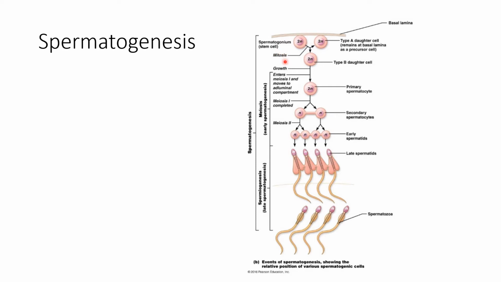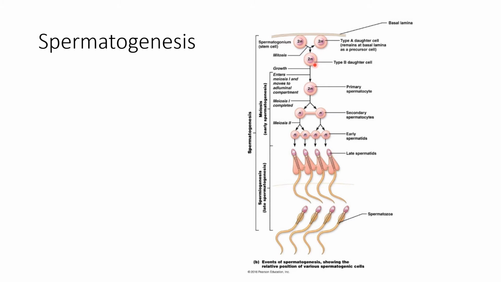As we said, mitosis results in two daughter cells that are identical to each other and identical to the parent cell. We refer to those daughter cells as type A and type B. Type A cells are going to remain within this region right here so that they can maintain the pool of the dividing germ cells.